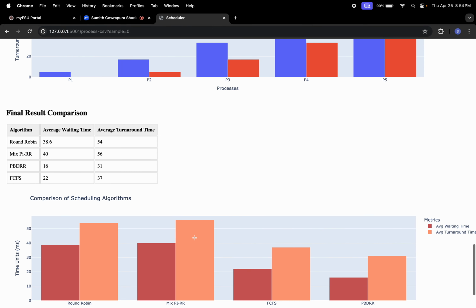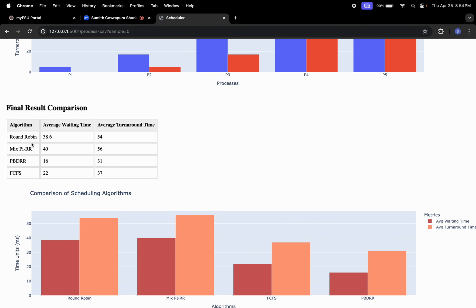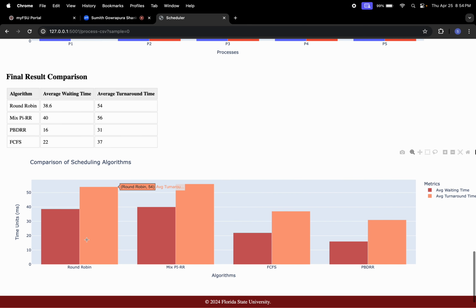At the end we can see the total comparison between all 4 algorithms: round robin, mixed PIRR, PBDRR, and first come first serve. We compared the average waiting time and average turnaround time for all the processes for each of the algorithms, and we can see that the round robin algorithm has taken more waiting time and turnaround time compared to any other algorithm that we have used.